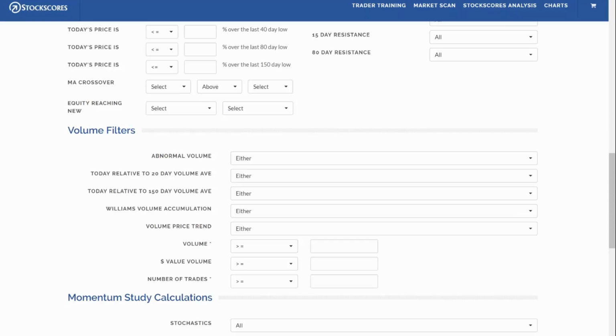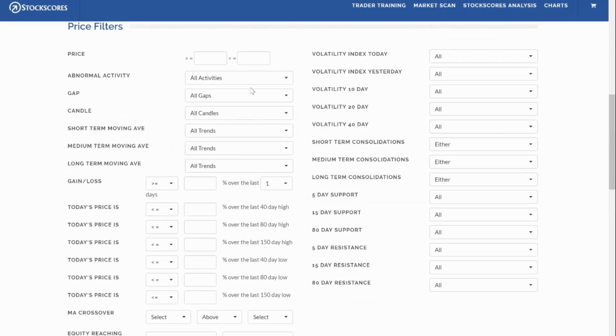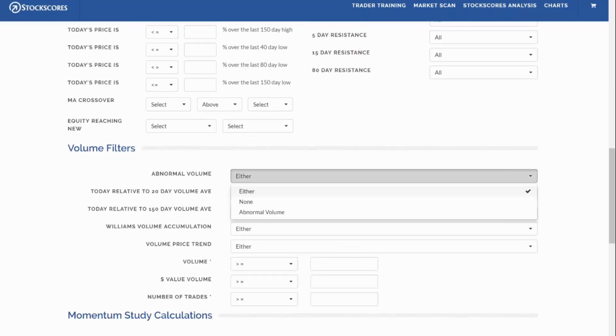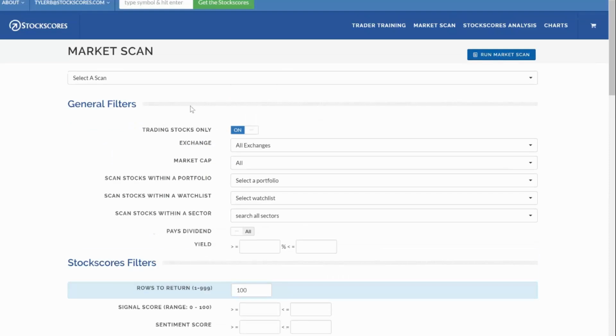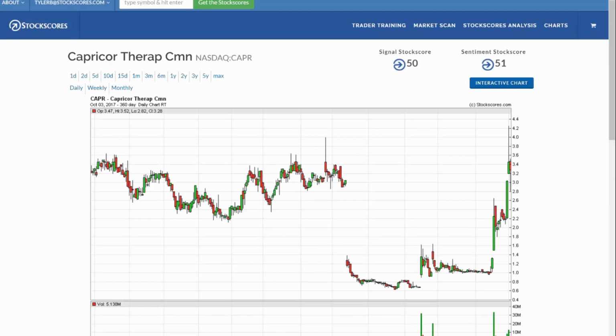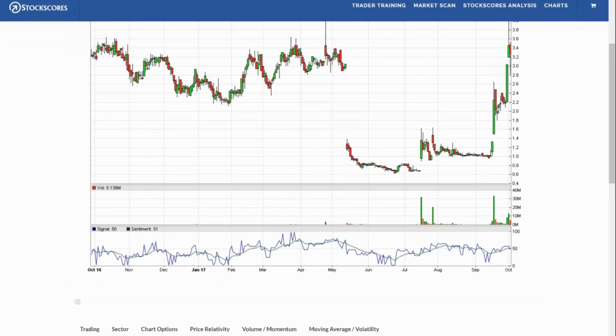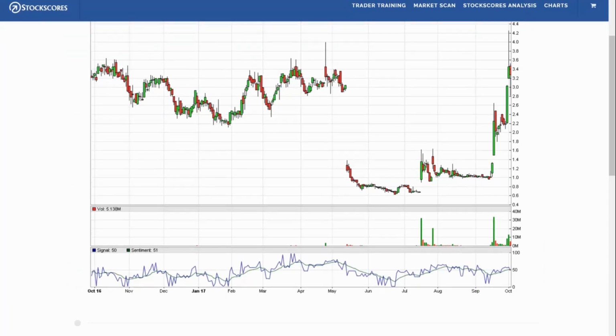The ones that I use a lot are the abnormal activity indicator, where I can select stocks that are having an abnormal day up or down, and the abnormal volume indicator, where I can select stocks that are trading much more volume than normal. And the reason is quite simple. Stocks that move faster than the market, like this one, do so by starting their market-beating trend with abnormal activity.